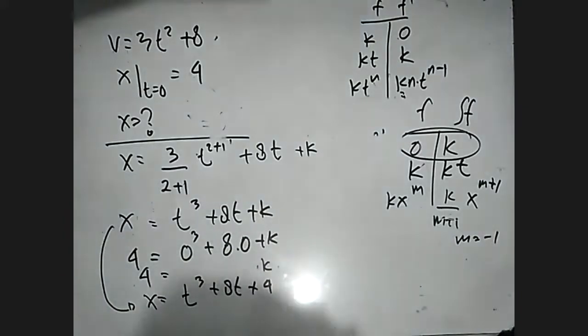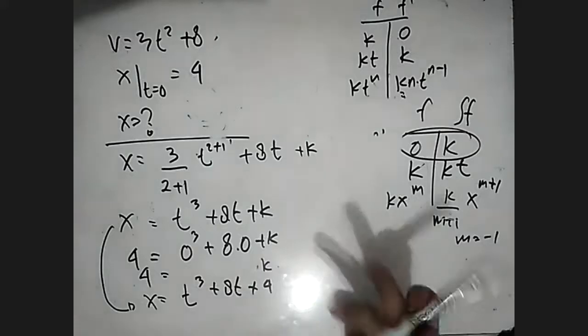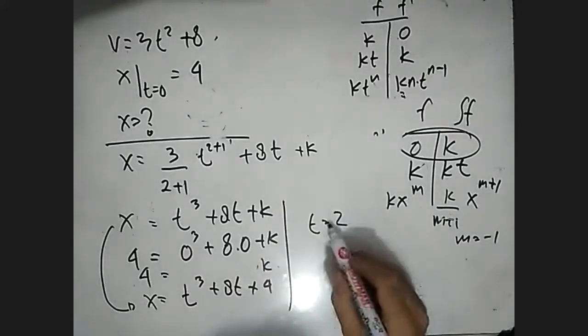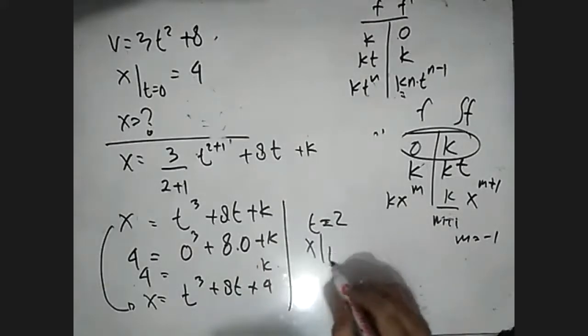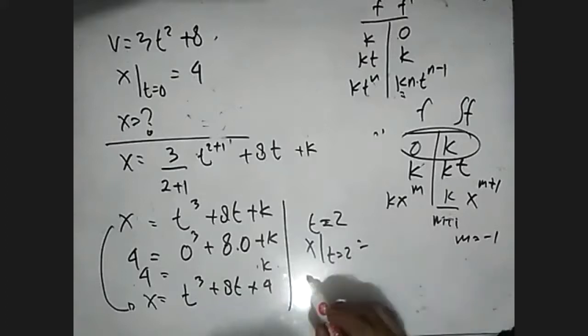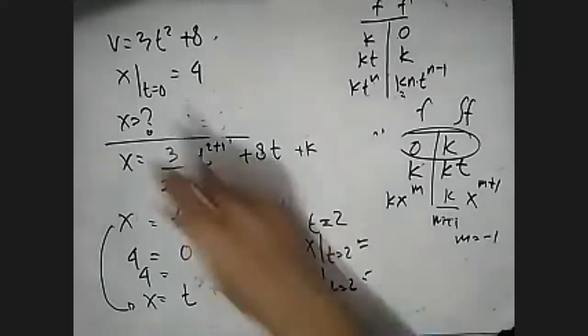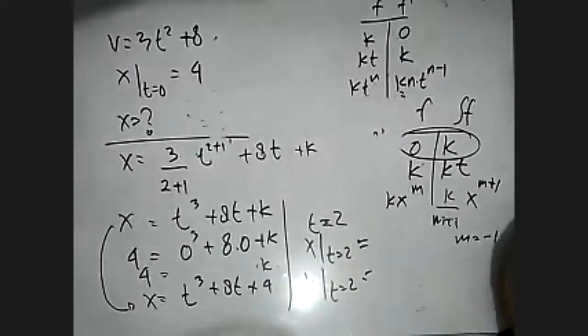Okay, that is the first part. The second part, they say, find the displacement and velocity when t equals 2. It's very simple. When t equals 2, okay, find x, t equals 2, and find velocity when t equals 2. We just need to put the number there.